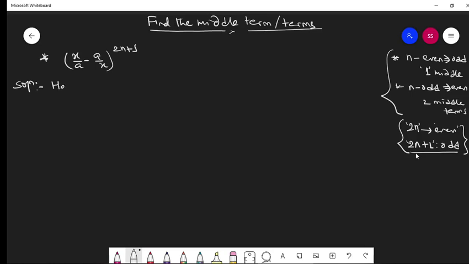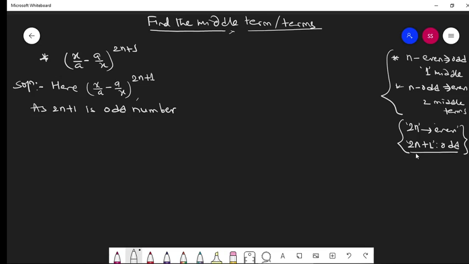Now the solution, dear students, we have to solve it. Firstly, what we have been given is (x over a minus a over x) to the power 2n plus 1. Then 2n plus 1 is an odd number.